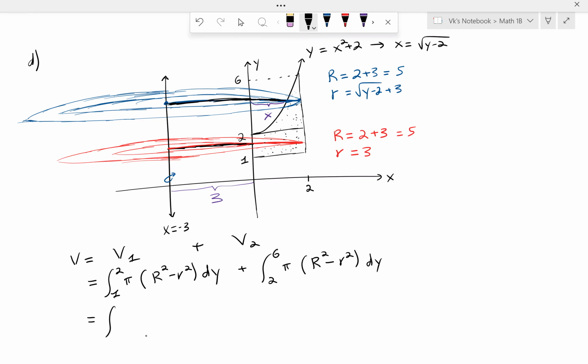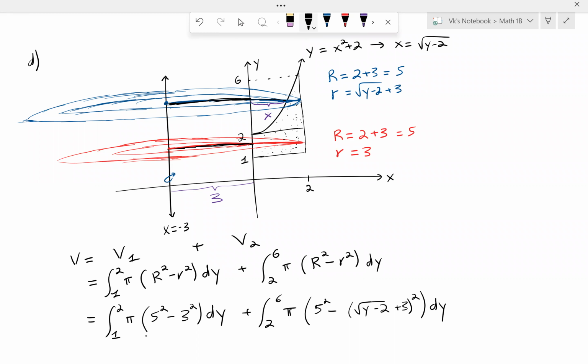Now do the substitution. 1 to 2 of pi, the bigger radius is 5 squared minus the smaller radius 3 squared dy. Integral from 2 to 6 of pi, the bigger radius is 5, that's R squared, 5 squared, minus the smaller radius, the square root of y minus 2 plus 3, squared, dy. Yay! And this gives us the answer.